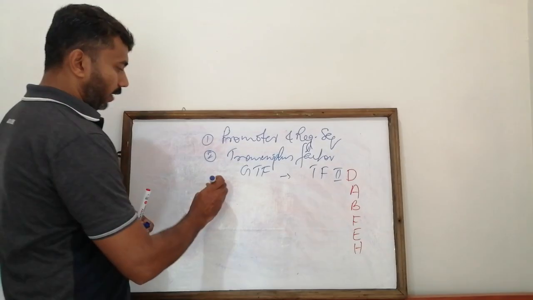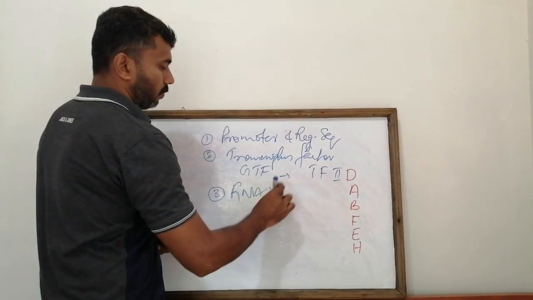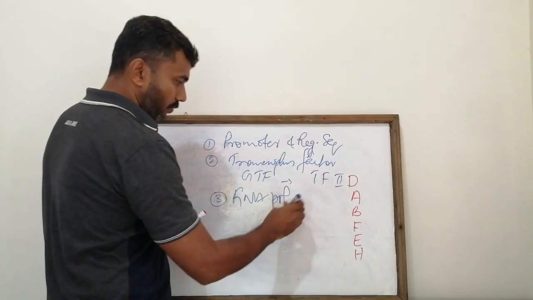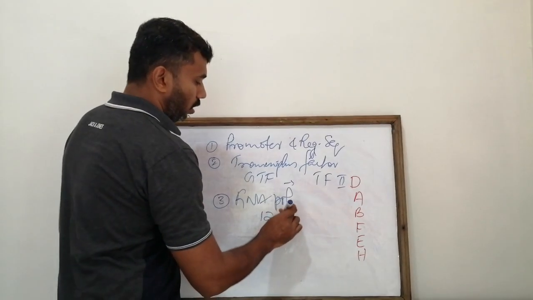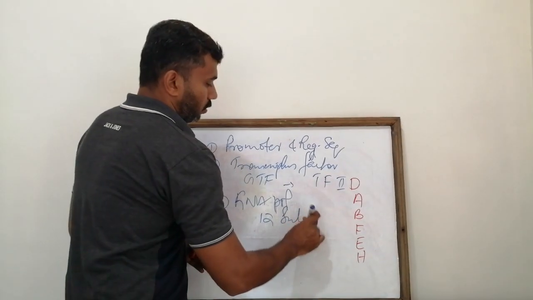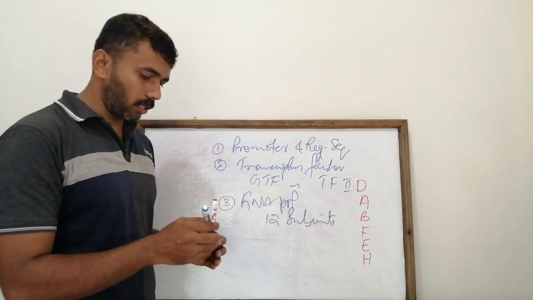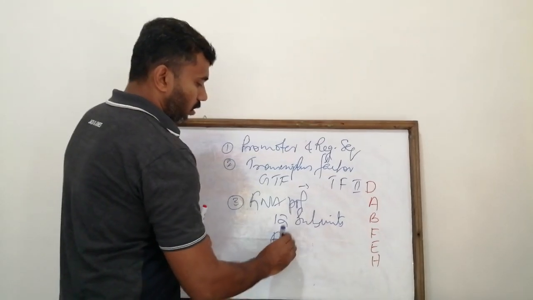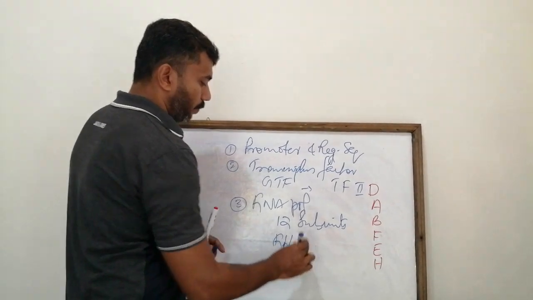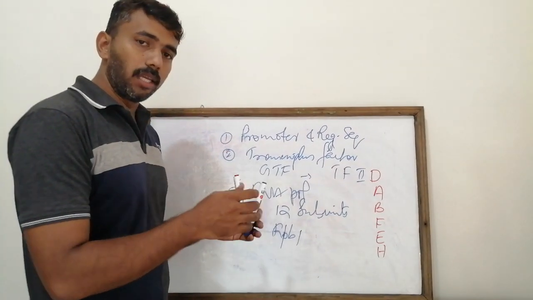The third element is the RNA polymerase itself. RNA polymerase, as we know, is a multi-subunit protein with a total of 12 subunits, of which 10 subunits comprise the core region, and the largest subunit is RPB1, which is important in terms of initiation and elongation.